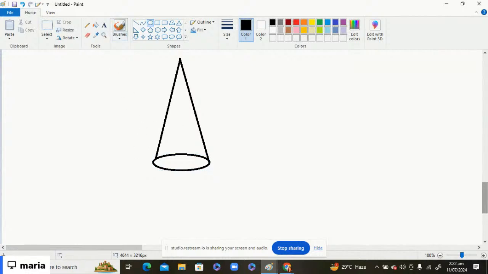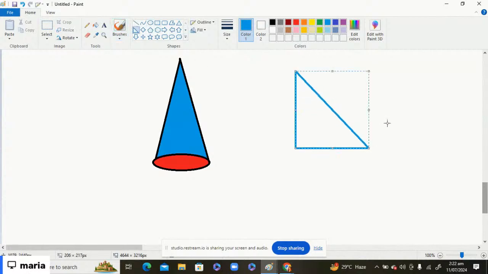Okay, so now when we see that this is the shape of a circle, and the left thing which is like this way, it's the shape of a triangle, but the triangle shape is this one. Okay, this is also the shape of the triangle, this is also the shape of the triangle.